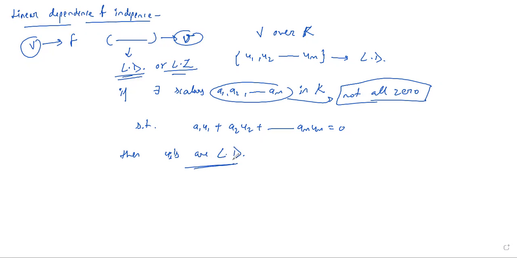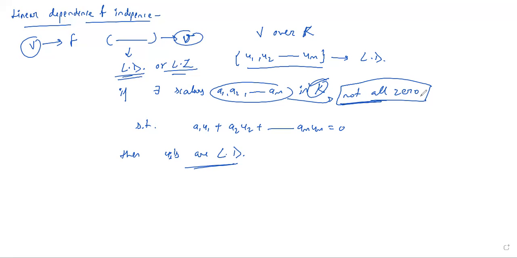What did I say? For the set of vectors ui's to be linearly dependent, there exists a set of scalars a1, a2 to am belonging to the field K, where the ai's are not all zero.